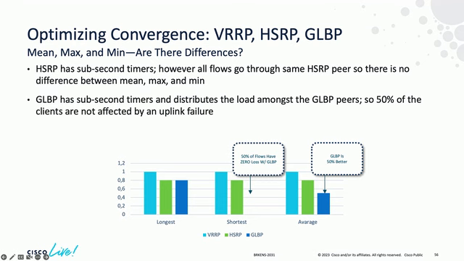However, for GLBP, we have to keep in mind that GLBP will always be at least 50% more effective, because in a situation where we have 2 members of a given GLBP group, 50% of hosts associated with the second member will be unaffected by any potential changes. So no matter how fast we tune up the counters, with GLBP we will reduce the impact of potential problems by 50%.